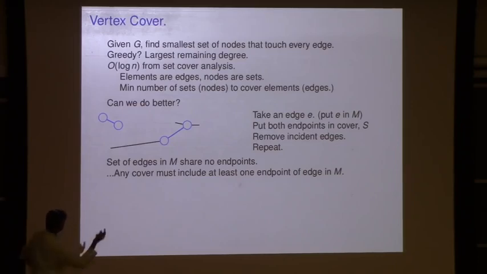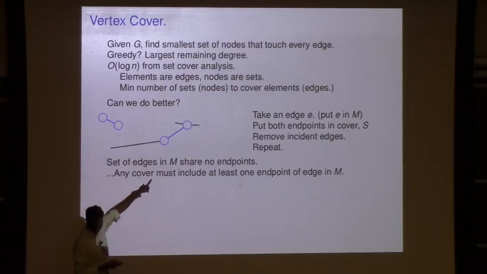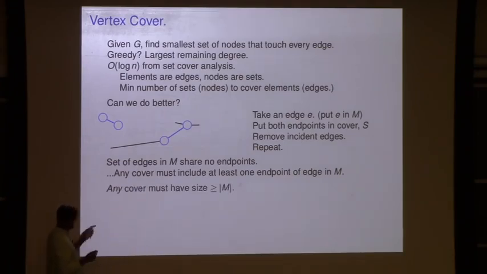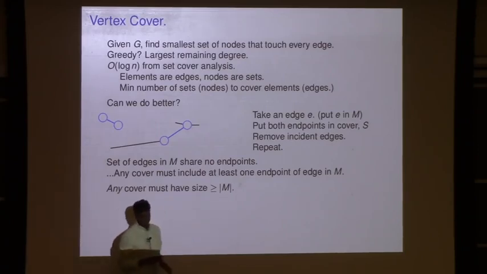Maybe I was being kind of weird to put both endpoints in, but I know that for this left blue edge here, at least one of these endpoints has to be in any vertex cover. And that's true for this one too. At least one of these 2 endpoints has to be in any vertex cover. So any cover must have size at least the size of this matching.